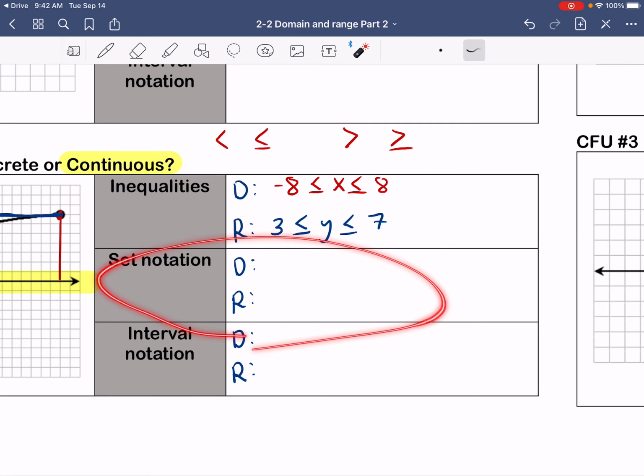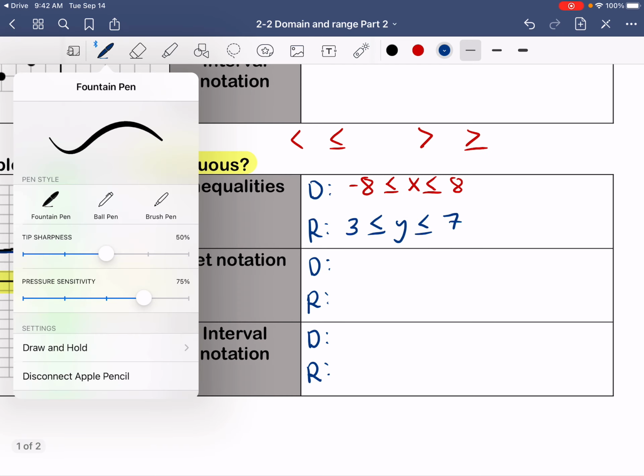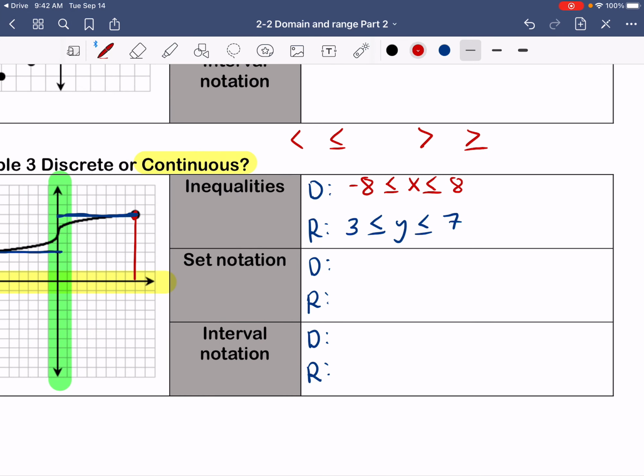But how do we use it in set notation? That's a little bit different story, right? For the domain, first you have to draw a curly bracket. And what you have to do is write x, such that, x is an element of all real numbers, comma. It looks weird, isn't it? Yes, that's right. And what you do is you just copy the inequality, -8 to +8.